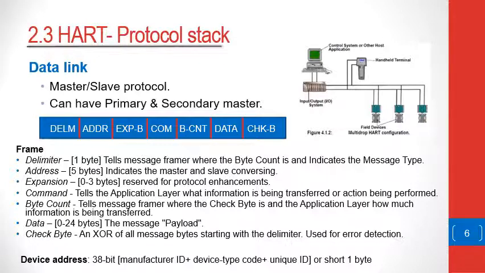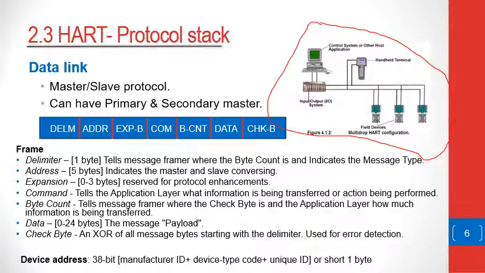Since we are still at the data link layer, for arbitration, or choosing who uses the bus, it uses a master-slave protocol, and then there is the HART message or frame being exchanged between the devices. This is a typical picture of a HART network.